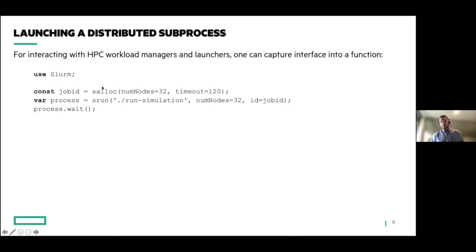And then you can pass that job ID into further functions of the interface, such as srun, and that will run a 32 node instance of run simulation on that allocation. And then you get back the same subprocess that you would for any spawn call. So we can query information on that or just wait on it as we're doing here.